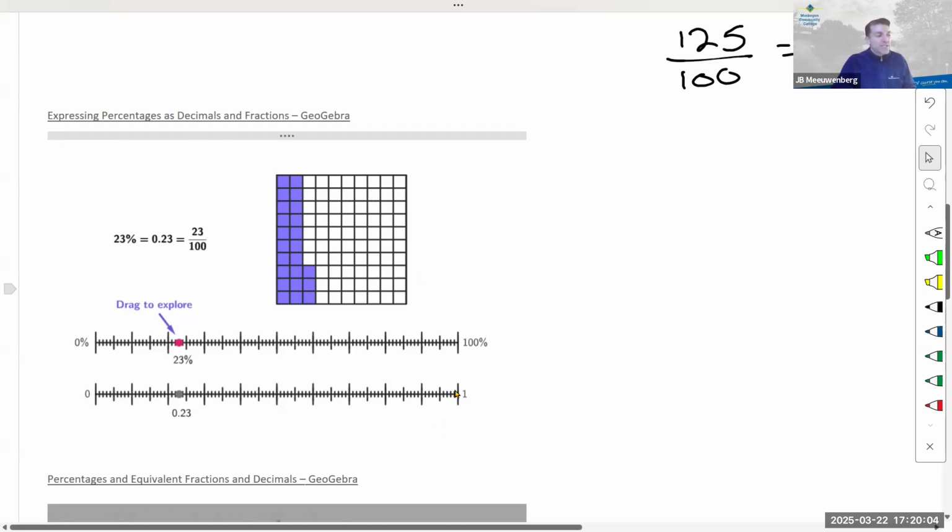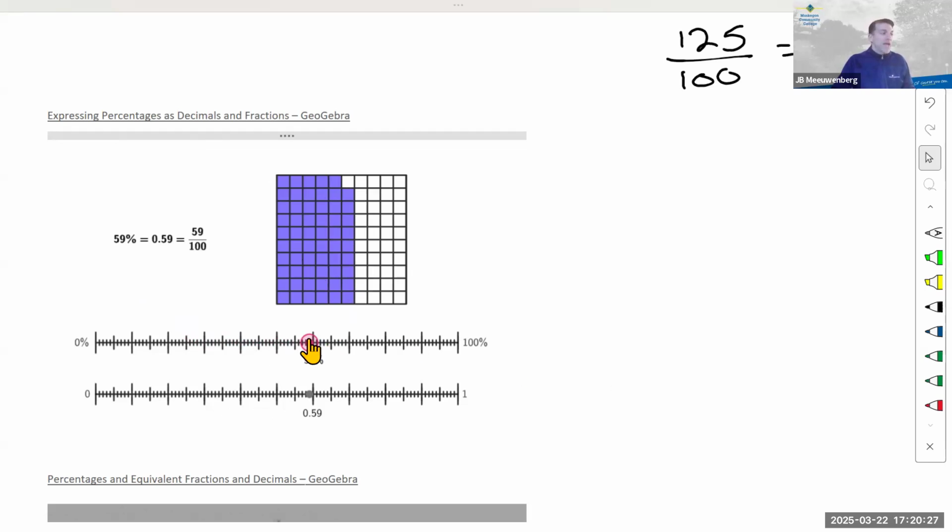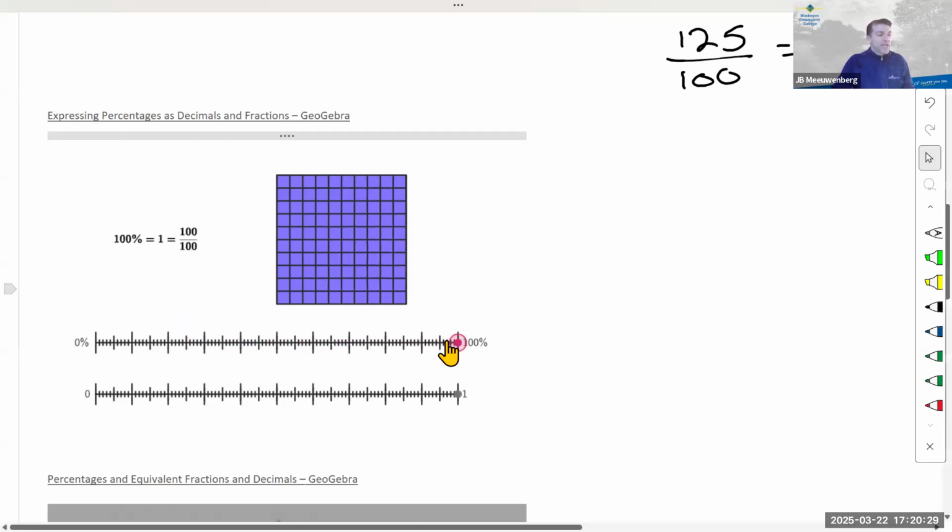Those 100 individual pieces are also represented by each of these tick marks along this number line. If we want to drag this, we can click and hold and drag, and we will see that the decimal below moves, and our 100 square fills in at the same time. When we fill it all the way in, it's at 100%, and if we take it all away, it's at 0%. So this is just a nice visual representation of modeling or illustrating a percentage.